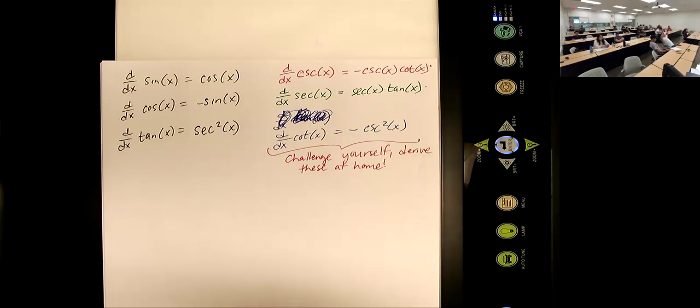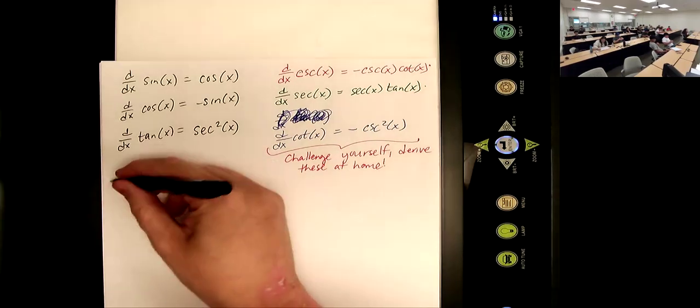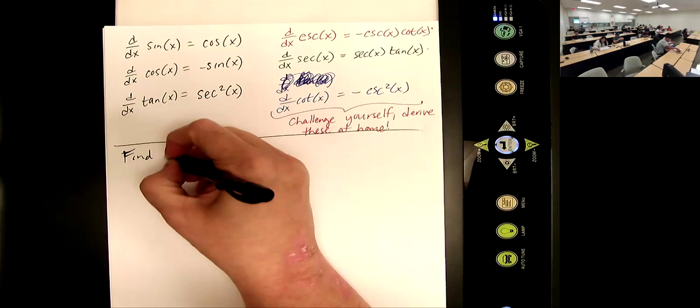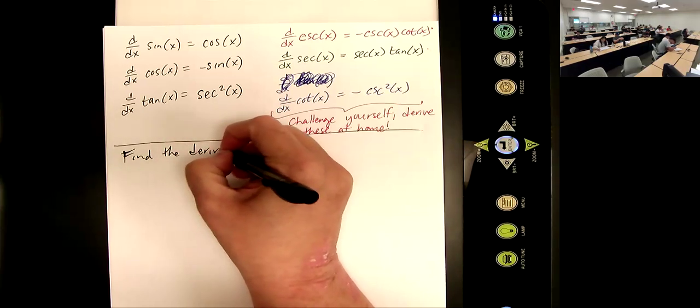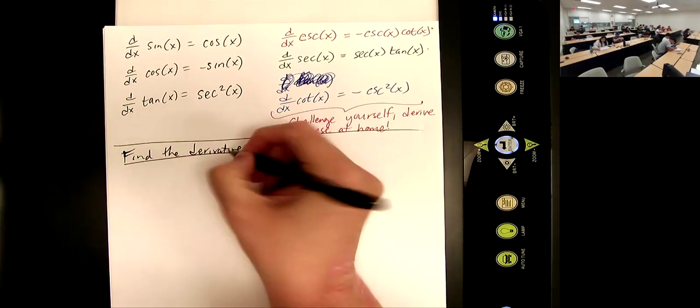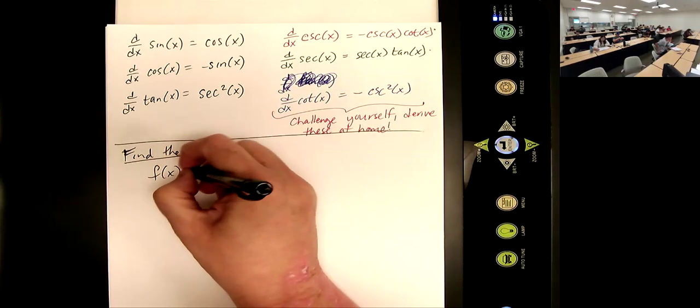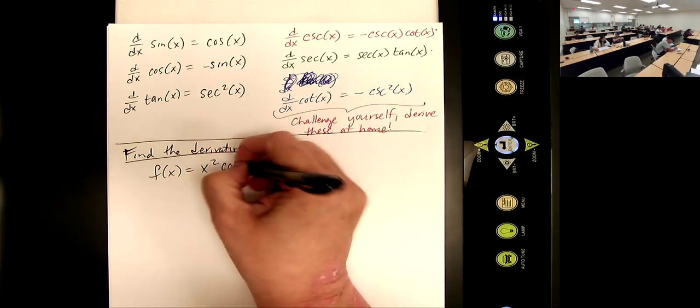You guys ready for some fun with all this? As if you haven't been having fun yet. Find the derivative. F of x equals x squared cosine x.